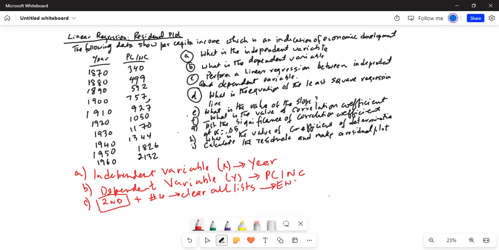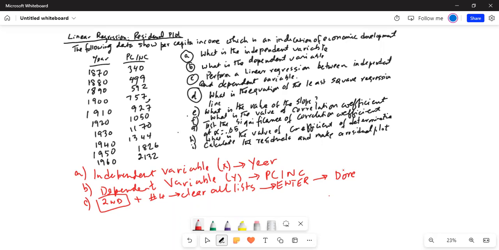Enter and you will get clear all list in your calculator screen, hit enter and then you get done. That means the memories have been cleared. So second plus 4, clear all list, enter, done.